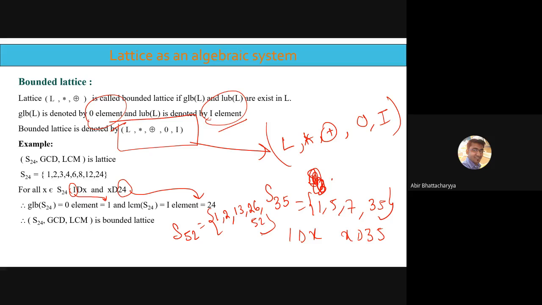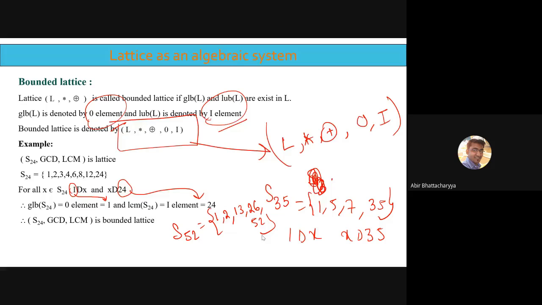So 1 divides x divides 52 always holds true. So 52 is the I element and 1 is the 0 element. In the context of Sn, this always holds true: n is the I element and 1 is the 0 element whenever we have Sn as a set. So Sn is always a bounded lattice.